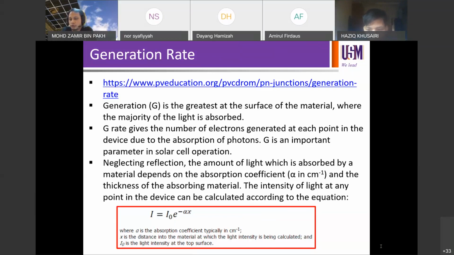Case number 2, where both energies are equal, and case number 3, where photon energy is more than the band gap energy? Yes, the presence of excess energy. Case number 2, EPH equals EG. Case number 3, EPH more than EG. The difference is in the sign: one is equal to and one is more than. More than means the energy that you supplied is more than what is actually required. As a result, the valence electron is excited further up, not just towards the band edge, but further up into the conduction band.